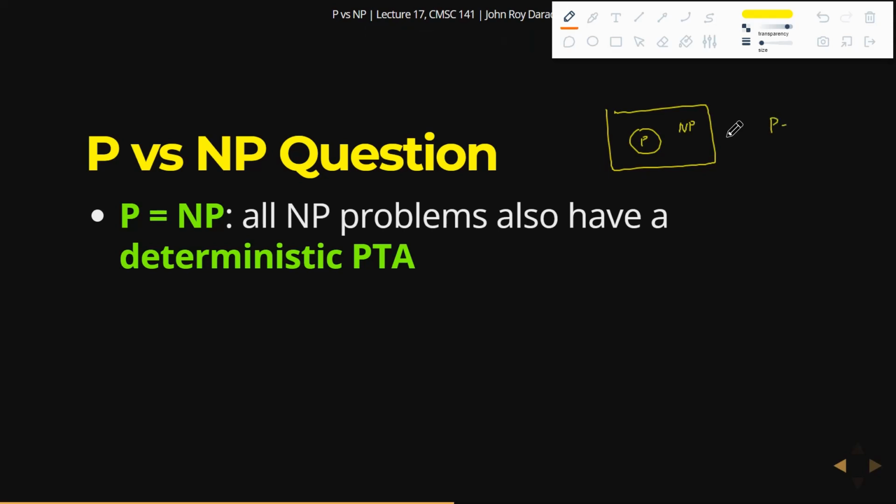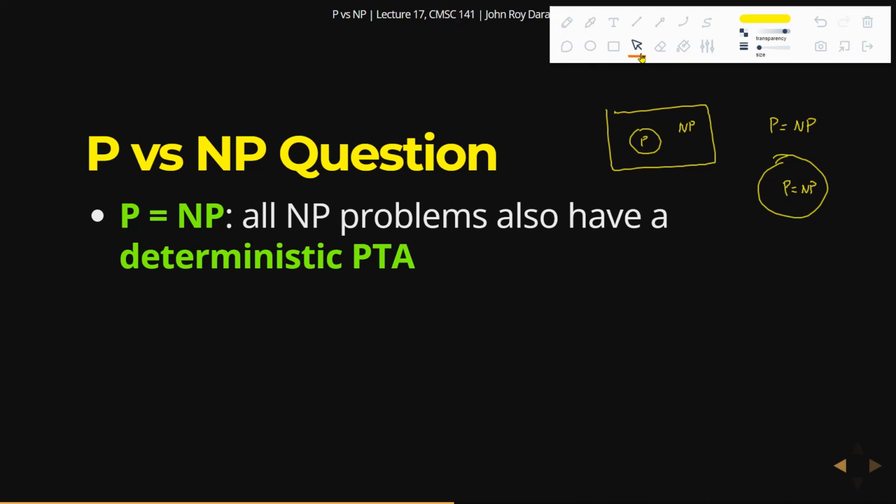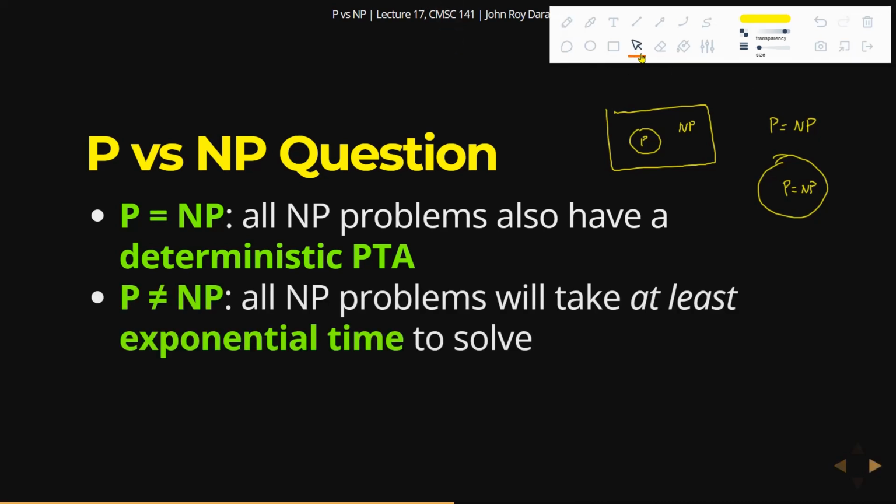Now if P was equal to NP, then they would just be one set. It's not like a subset, it's just the same set. So all NP problems have a deterministic polynomial time algorithm. And what would that mean? Let's look at that later.